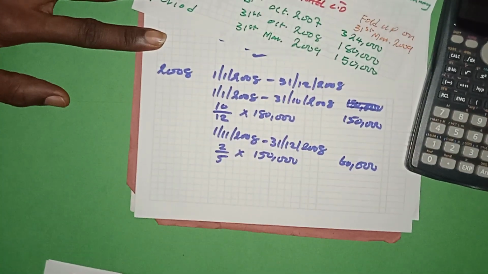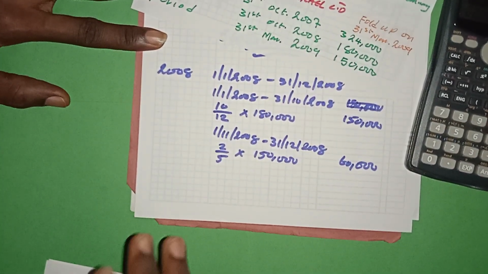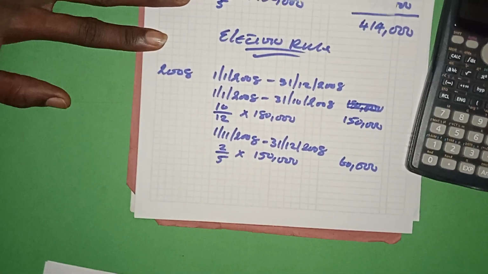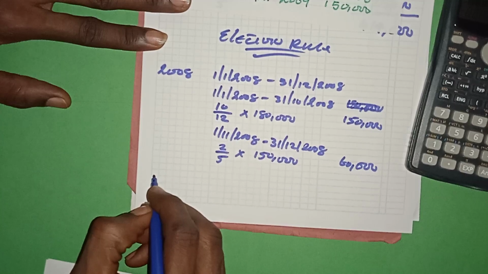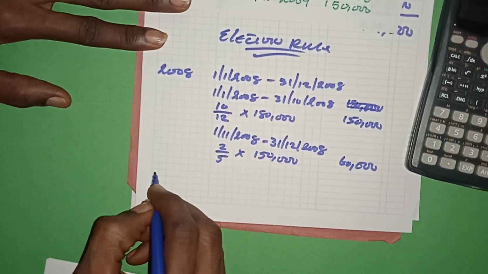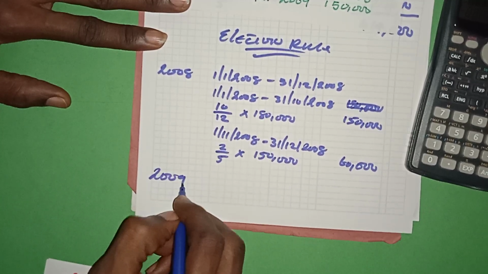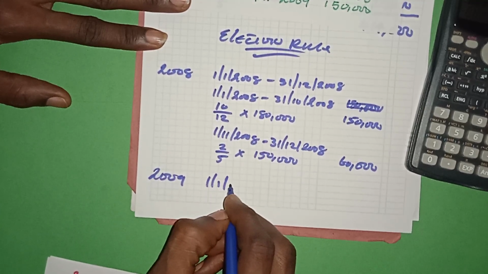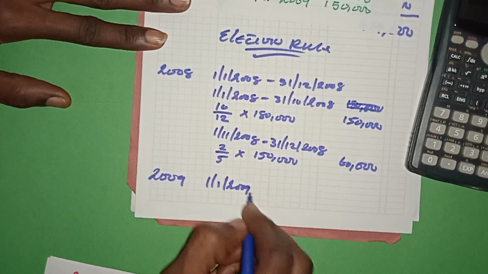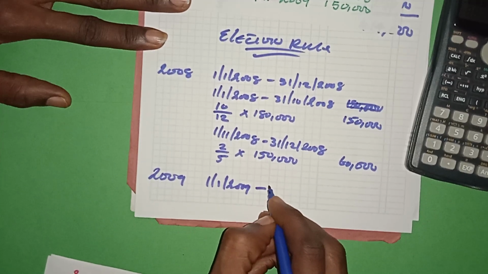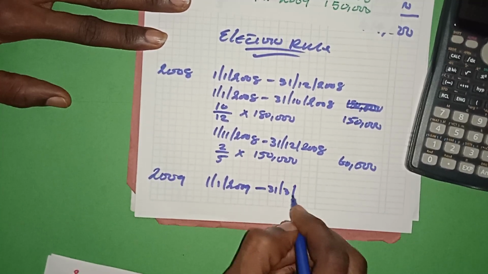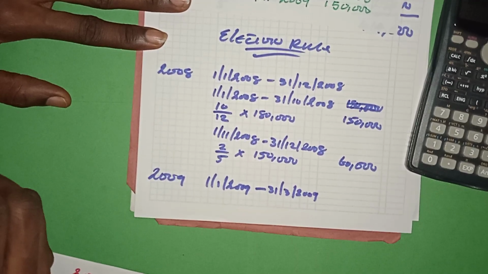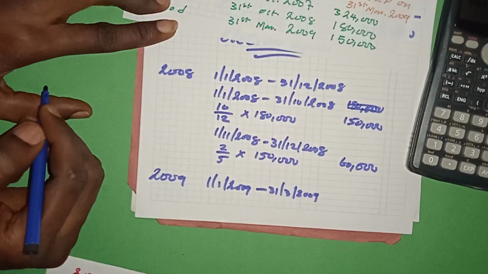So we are done with 28. So the 29 will apply the same rule, which will now be from 1st January 2009 to 31st March 29. Understand?